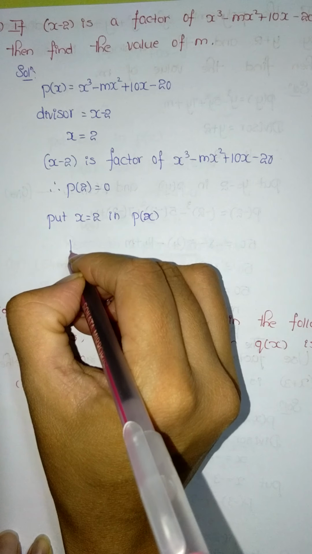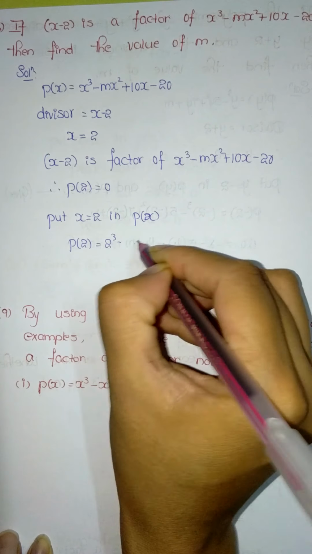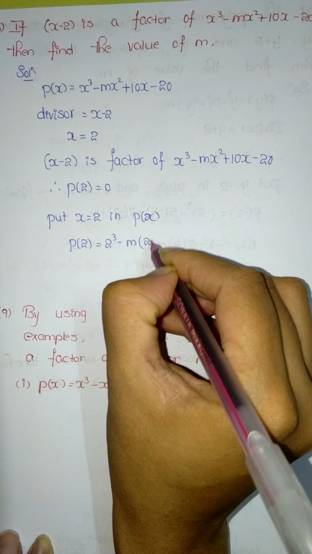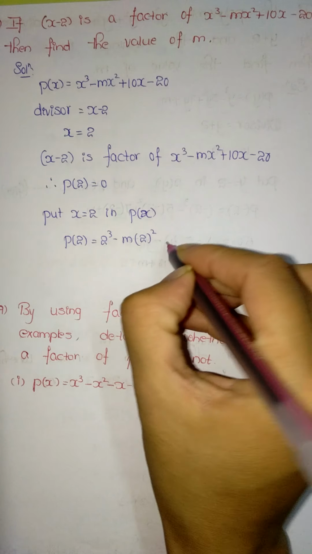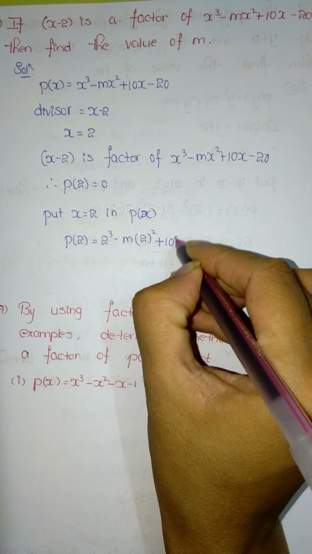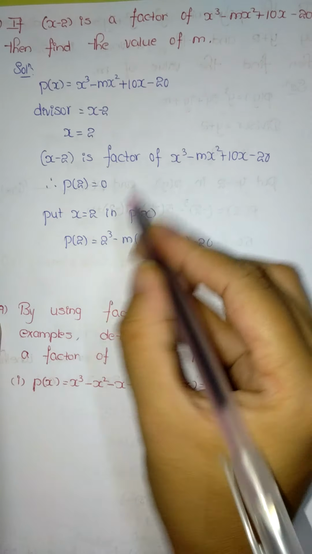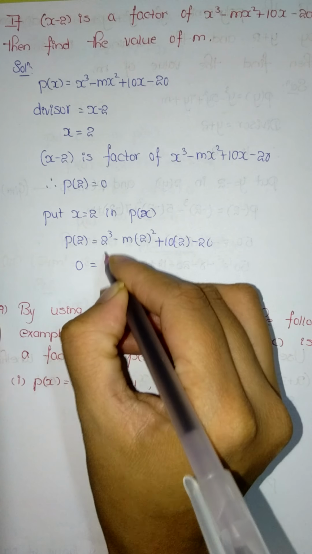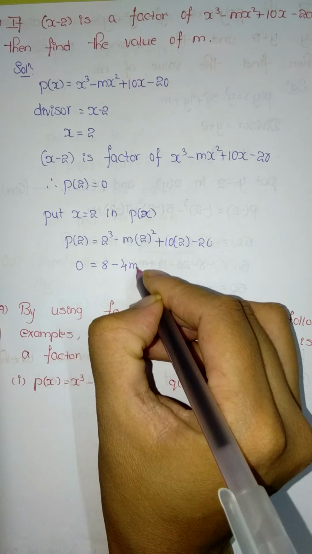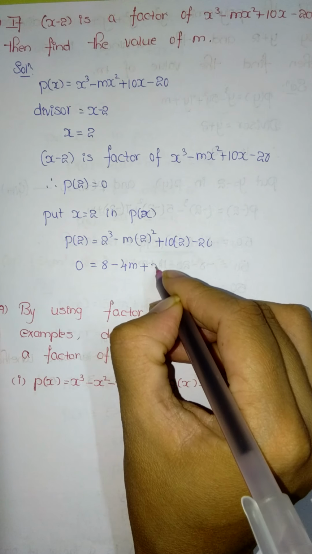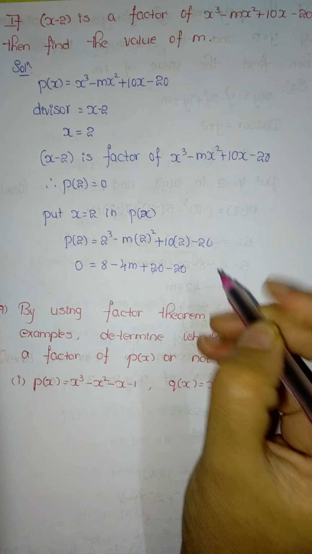So p of 2 equal to 2 cube minus m into 2 square plus 10 into 2 minus 20. So p of 2 is already given as 0, so 0 equal to 2 cube, which is 8, minus 4m plus 20 minus 20. Plus 20 minus 20 cancels.